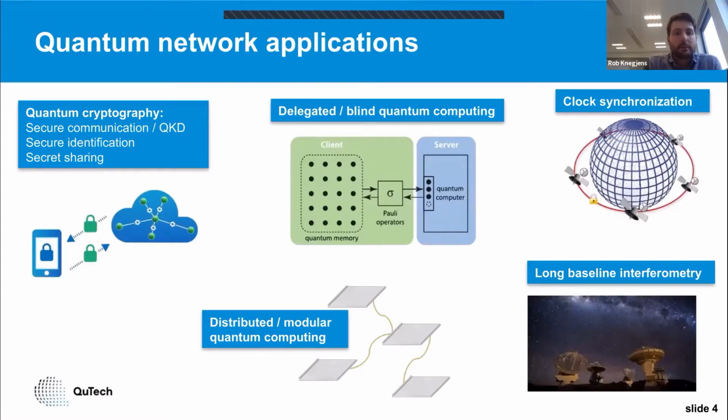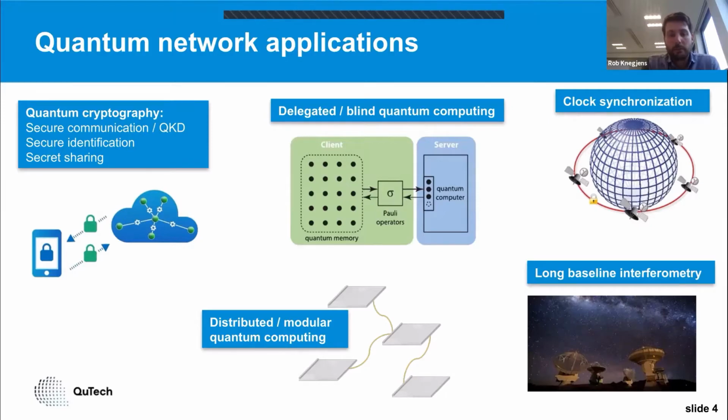So in that sense, quantum networks provide a very diverse selection of applications. The most classic would be quantum key distribution, secure communication, and similarly, in the realm of quantum cryptography, things like secure identification and secret sharing.